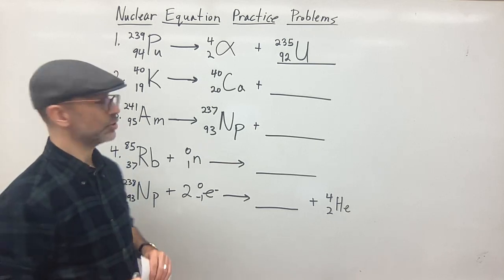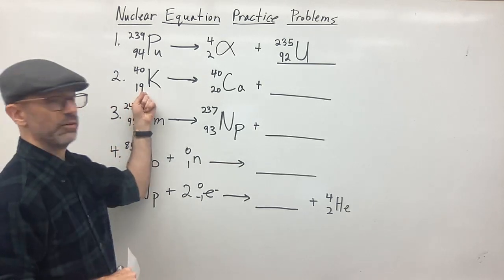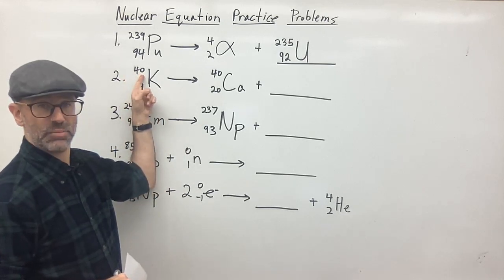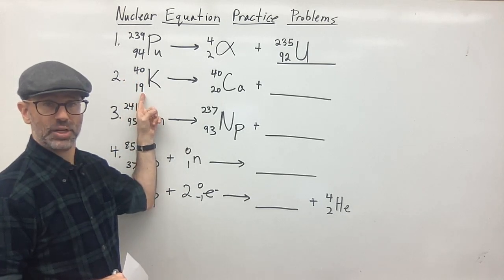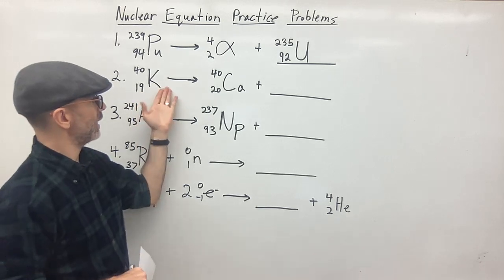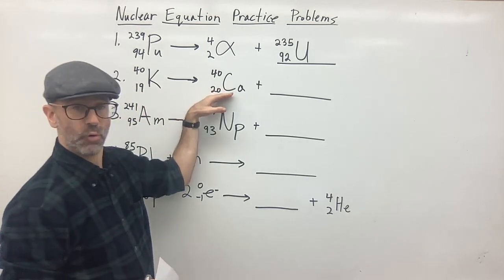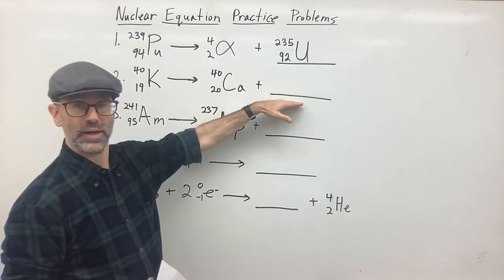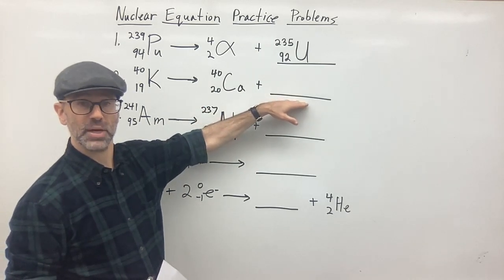Let's try number 2. So number 2, they're giving me potassium-40. So the mass number is 40 and the atomic number is 19. And it's going to produce calcium-40. So here's my daughter isotope. So I need to figure out what particle was emitted.